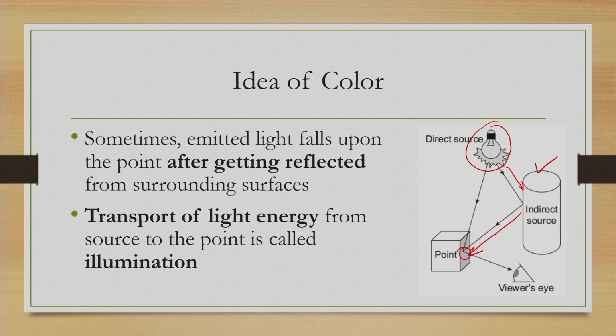So, at this point we have two lights incident upon this point. One comes from the direct light source, that is the direct light. The other comes not directly from the light source, but after getting reflected from another surface. So, that can be considered as an indirect source of light. So, at this point we have light coming from a direct source as well as an indirect source.